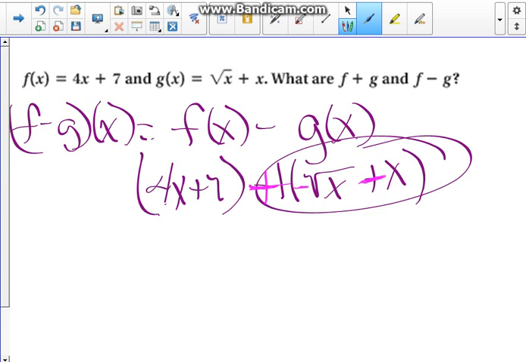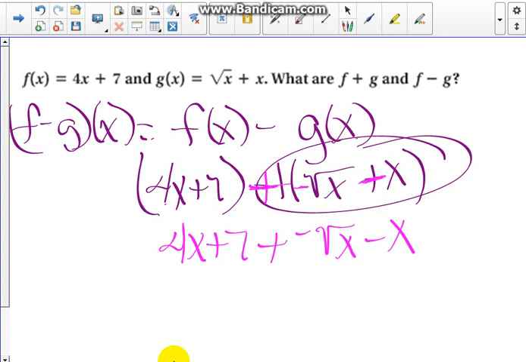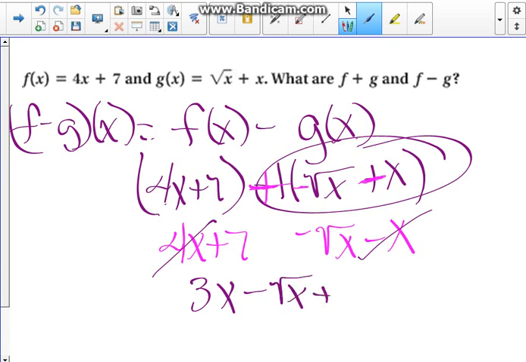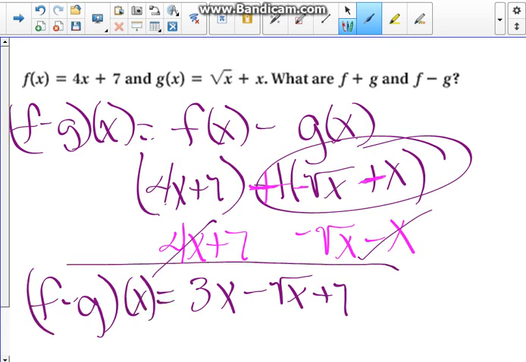All right, so we end up with 4x plus 7 plus a negative radical x minus x. So I'm going to erase that plus sign. And now combine terms. We've got a 4x minus x, which is 3x minus radical x plus 7. And that's our answer.